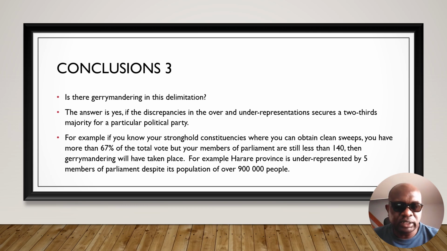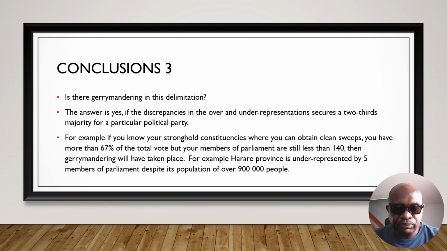Then gerrymandering will have taken place. It means that whoever made the boundaries made sure that even if you get 67%, that is 2/3 of the total vote, you are not guaranteed to get the members in parliament that you require.